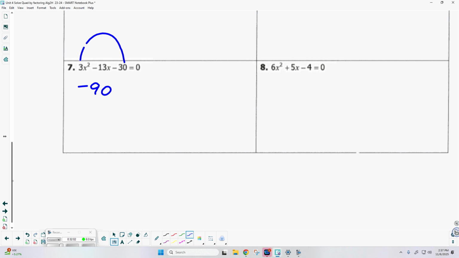So I got to find two numbers that will multiply to give me a -90, but then they also have to add to give me a -13. Okay. So all I know for sure, because it's a negative product, I got a negative and a positive. This right here can be the most difficult part. But I guarantee once you find those two numbers, the rest of it goes pretty quick. So, ideas.